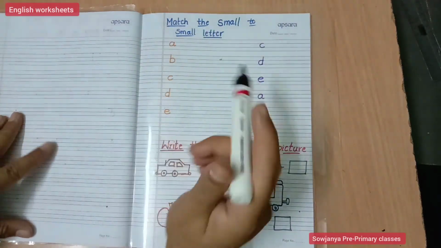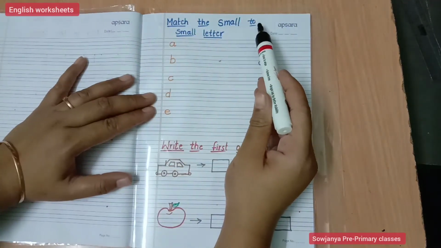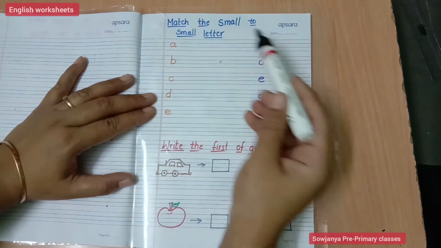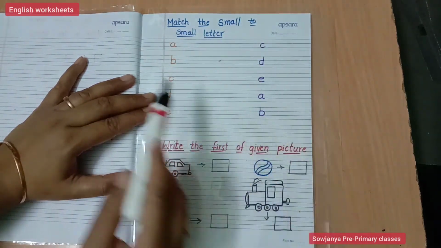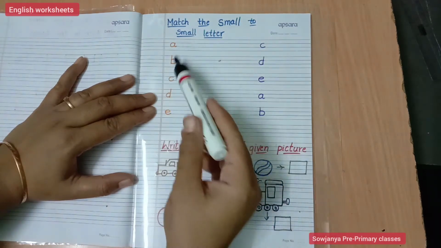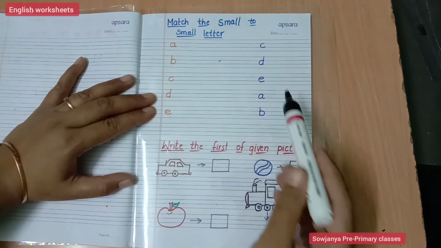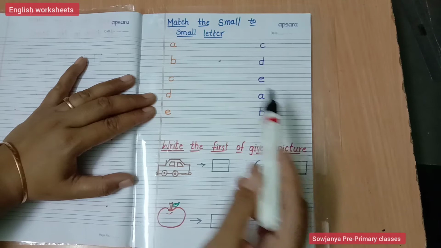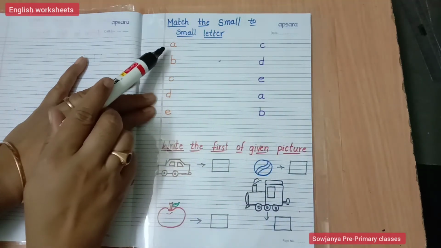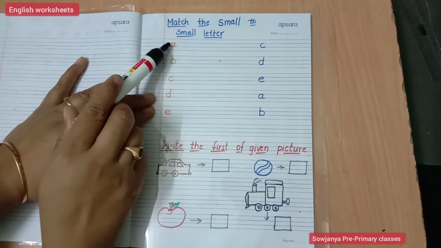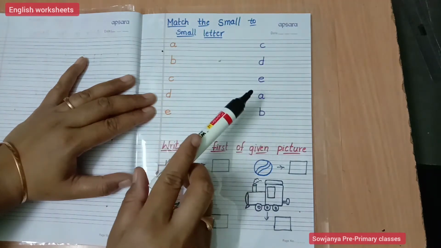Now see here, match these small letters to the small letters only. See, here I have given matching. Here I have given some small letters to the small letters. Same small letters you have to match. Shall we start? Okay. Now what is this letter? A. Now where is A here? Yes.